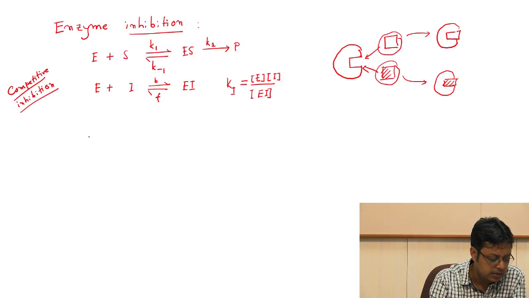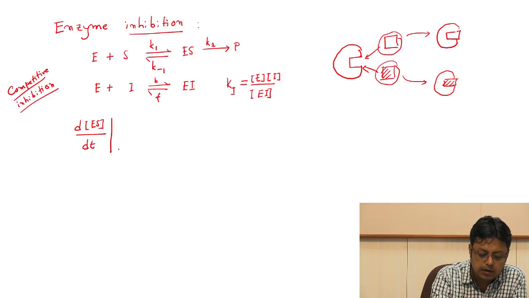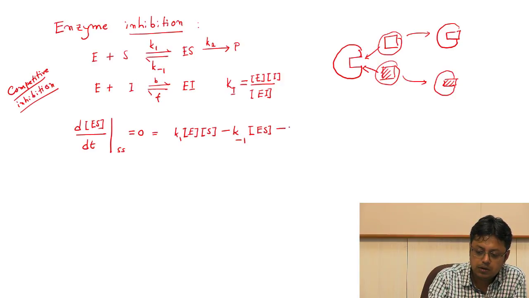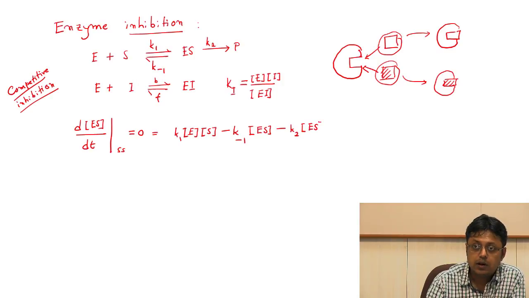As before we are going to use the steady state approximation for the enzyme substrate complex, so d[ES]/dt is 0. The enzyme substrate complex forms by K1 times E times S, minus K minus 1 times ES, minus K2 times ES. So that is 0 under the steady state approximation.